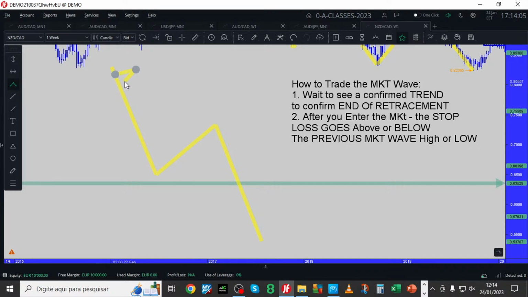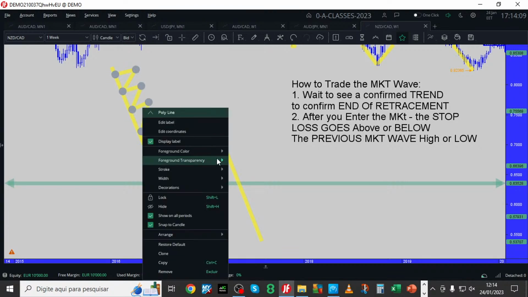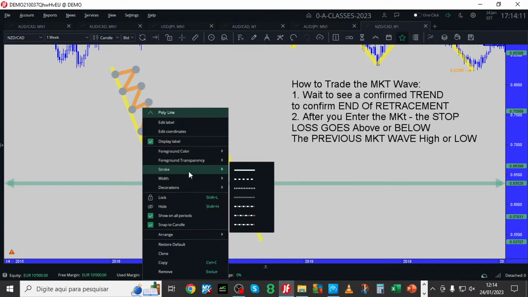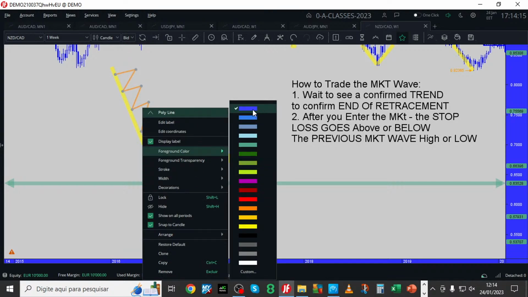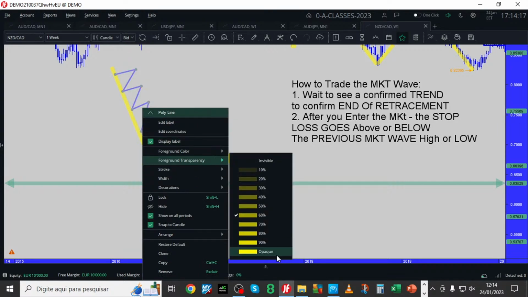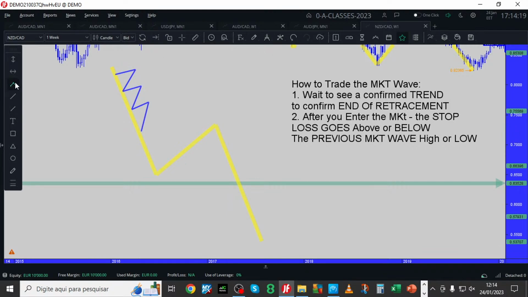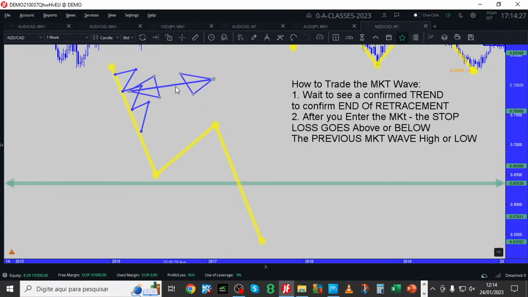The market's making lower lows, lower highs. When I say wait to see a confirmed trend to confirm the end of retracement, are we talking about this leg? Type in the chat, yes or no.